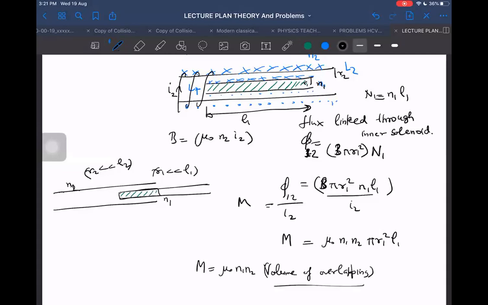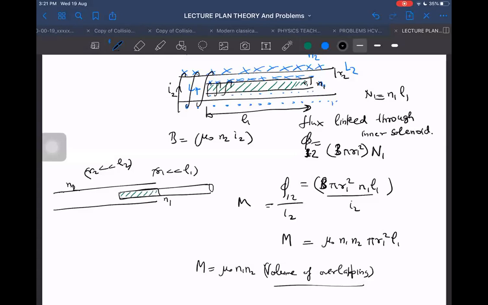Yes, ask, Chandan, what do you want to ask? Sir, in the inner solenoid, you drew cross marks on top and dots on the bottom, should that be reversed? No. This is just a way to represent a solenoid.